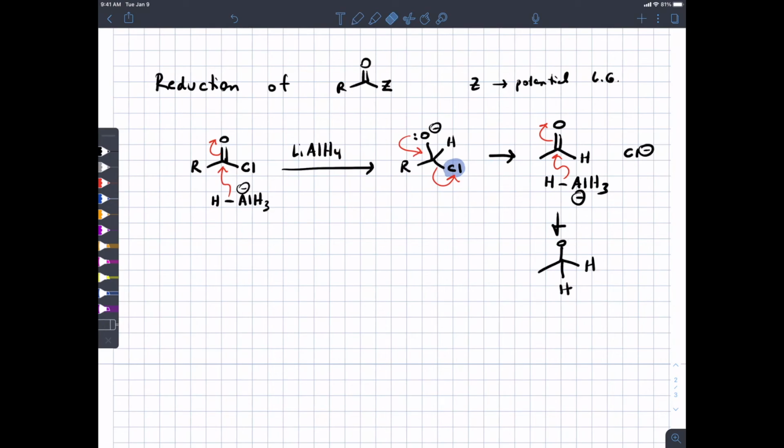I'll show you the negatively charged tetrahedral intermediate, and then in a second step, you're going to add water to quench the reaction. When you do that, you will remove a proton from water and thereby generate your alcohol.